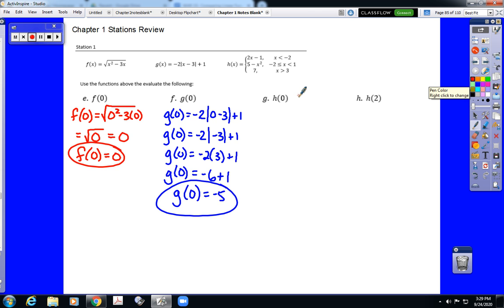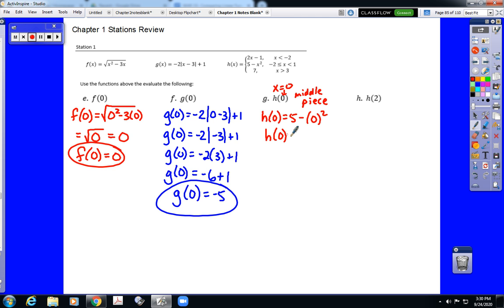h of 0, that is the middle piece, because x equals 0 is part of the middle range. So we would say h of 0 is 5 minus 0 squared.